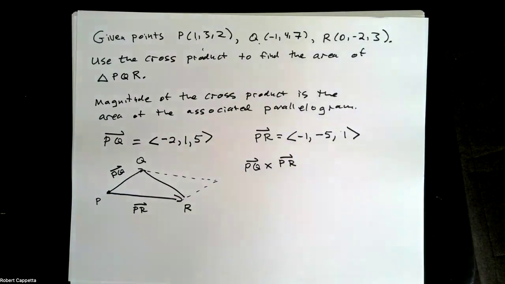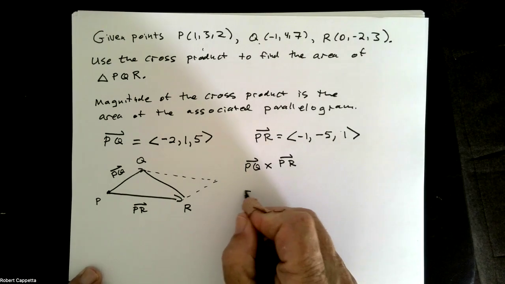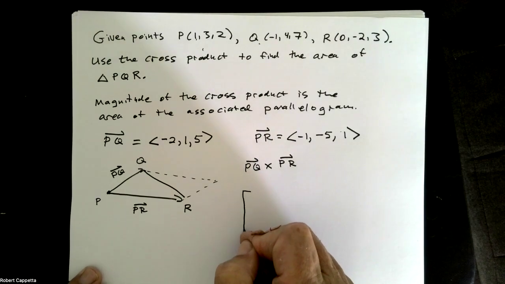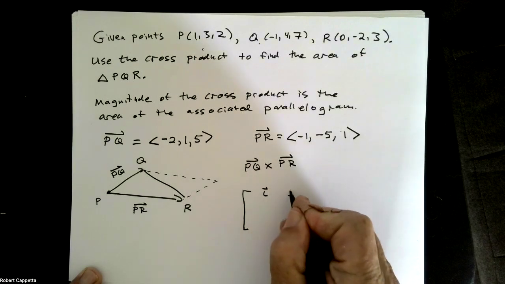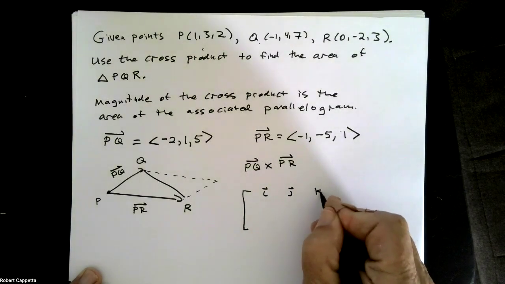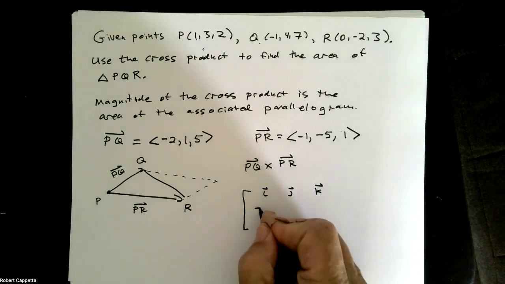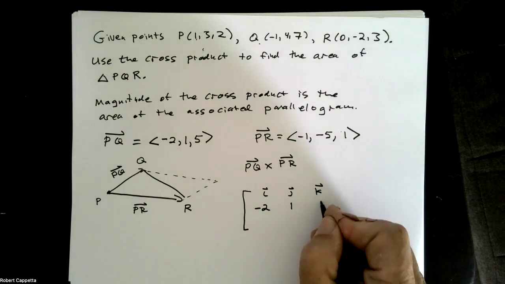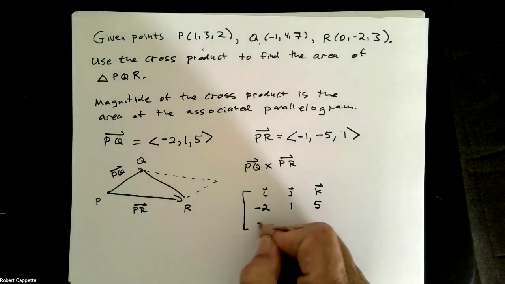So let's remind ourselves of the process I like to do with that. We put i, j, k across the top. PQ is (-2, 1, 5). And PR is (-1, -5, 1).